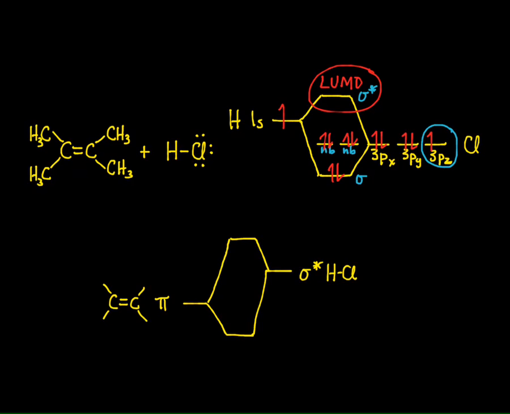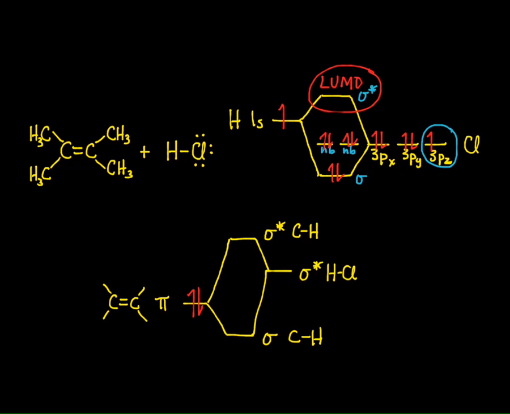And when they mix, I now get two new molecular orbitals. One is a sigma bond, that is a carbon-hydrogen bond. The other is a sigma star bond that happens to be a carbon-hydrogen bond as well.